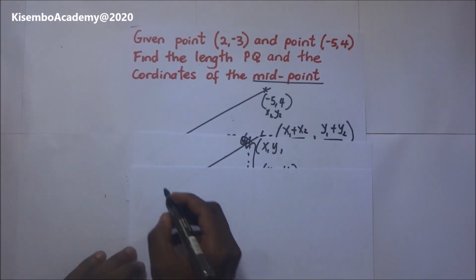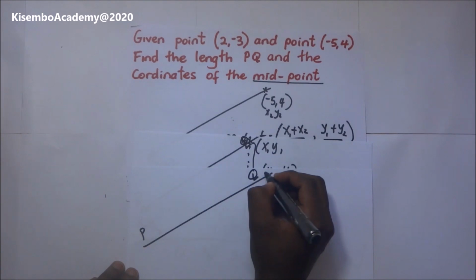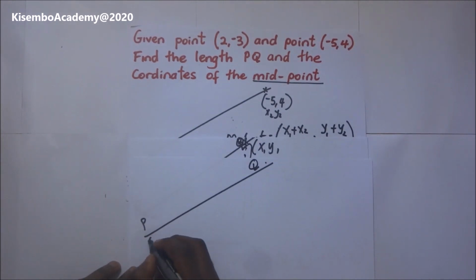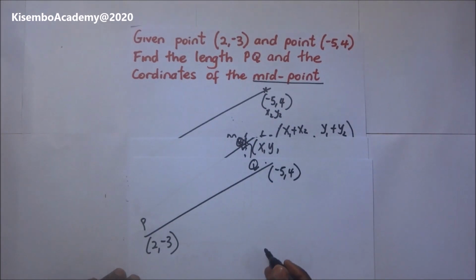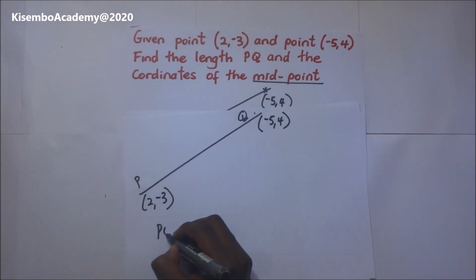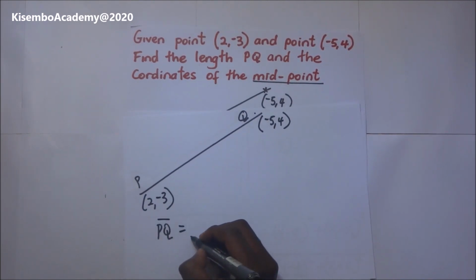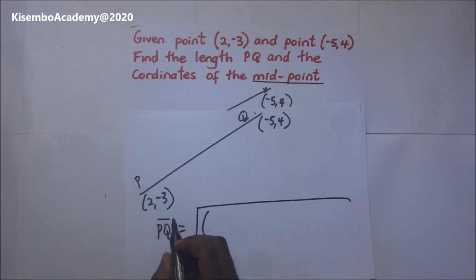So for us to get PQ, this is point P, this is point Q. We have our point P here as (2, -3) and our point Q here as (-5, 4). To find the distance, PQ is going to be equal to the square root of (y2 - y1).